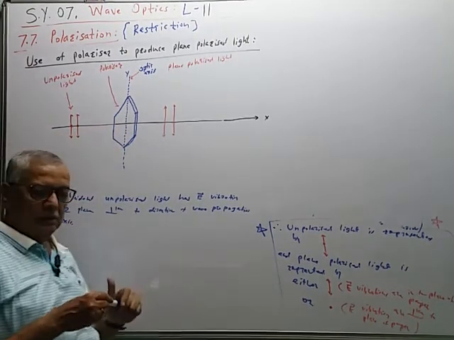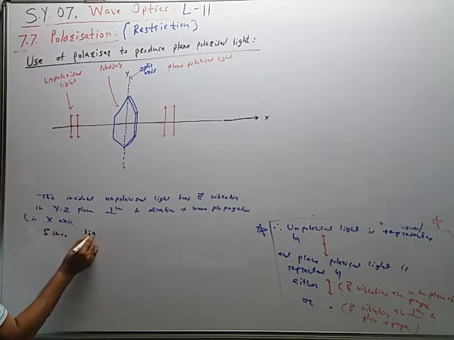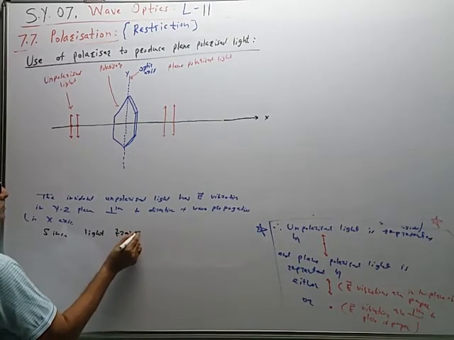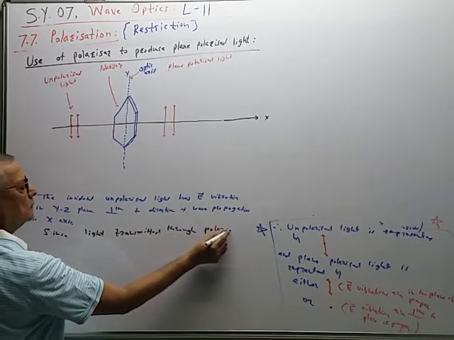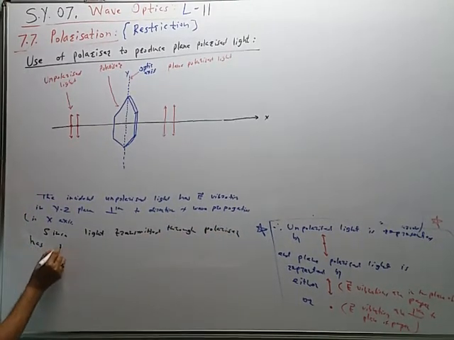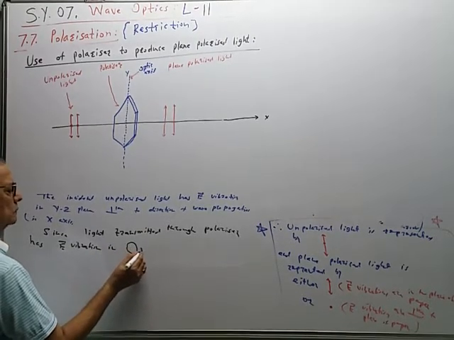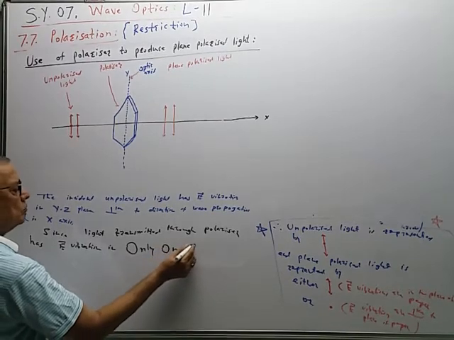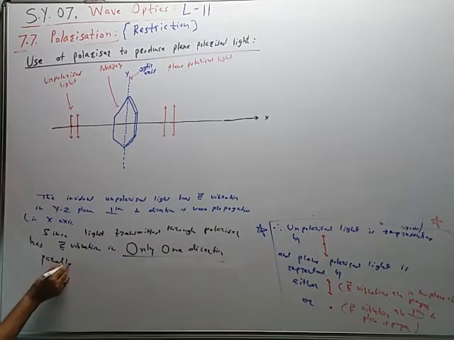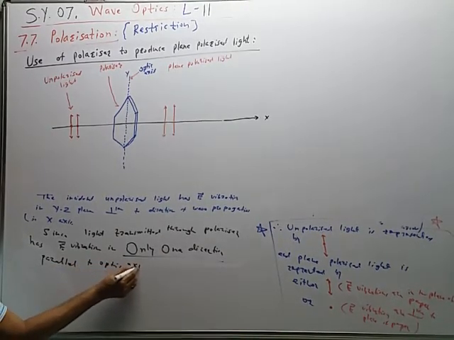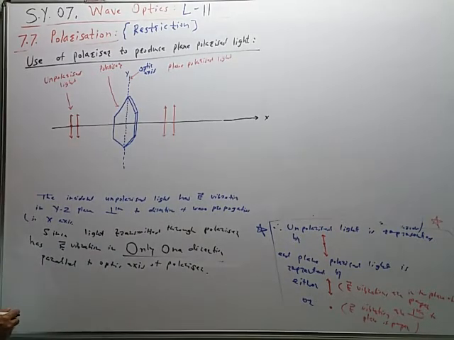Now, what about the transmitted light? Since the light transmitted through the polarizer has E vibration in only one direction, parallel to the optic axis of the polarizer, the remaining vibrations are absorbed by the crystal.